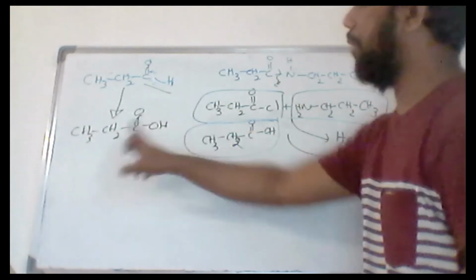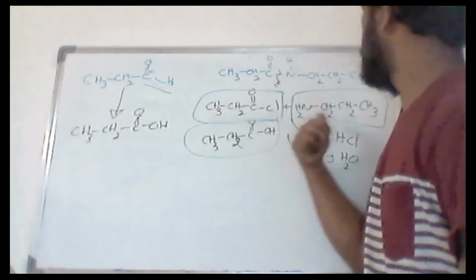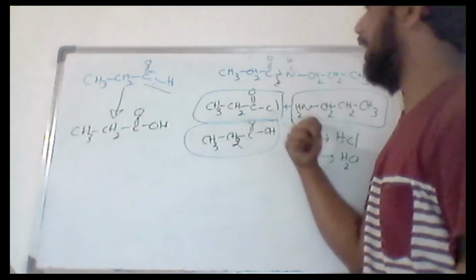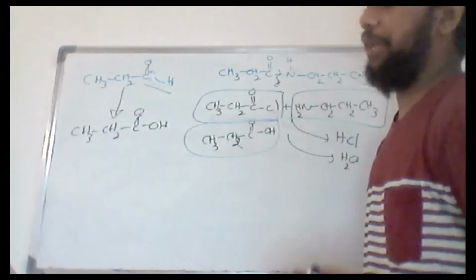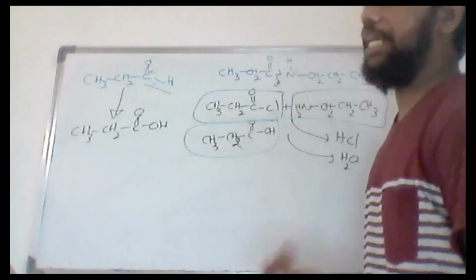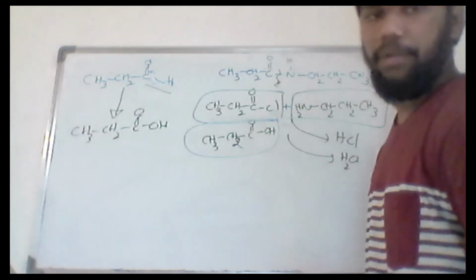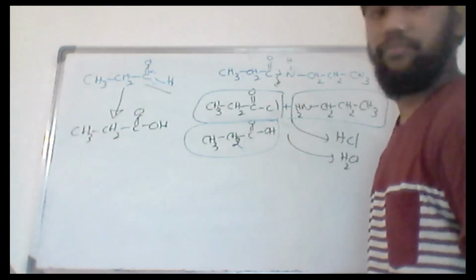Okay? But you need to go towards the amine. So the easiest way to go towards an amine is to make the amide and you reduce with lithium aluminium hydride. That is the easiest way.